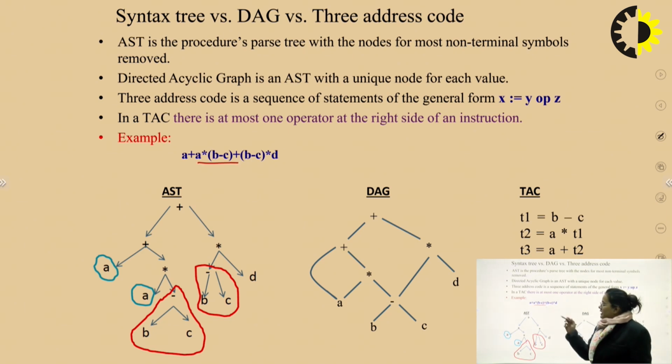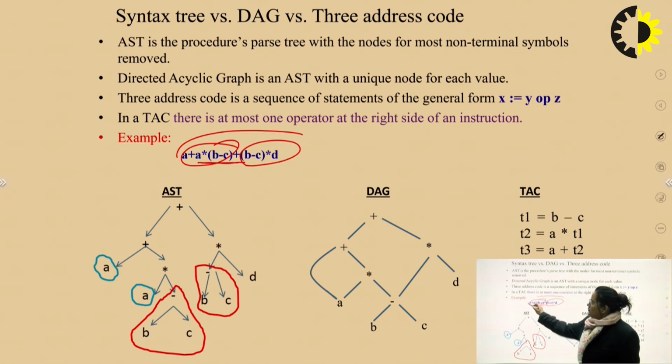Example: a + a * (b - c) + (b - c) * d. So for the AST of this particular example, firstly we design the b - c node, then the plus node, and after that a multiply, and after that we execute this one and the whole.